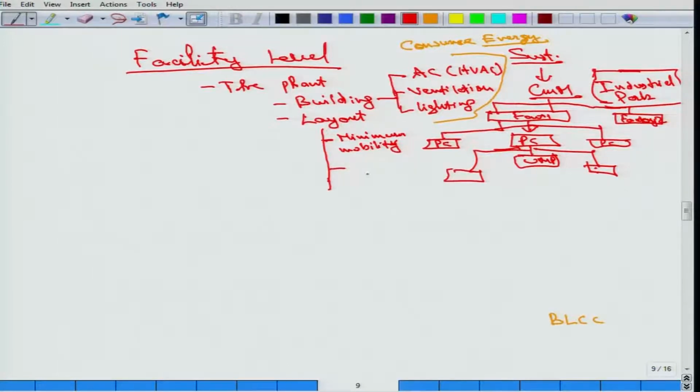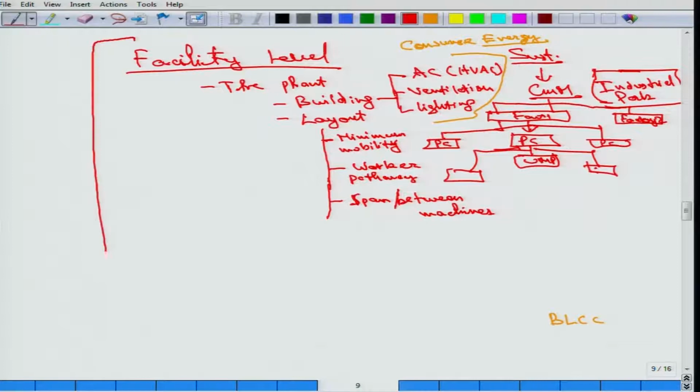Then we have the worker pathway to move, then span between machines, that is how far machines need to be placed. So this is facility level. Just a quick glance over that.